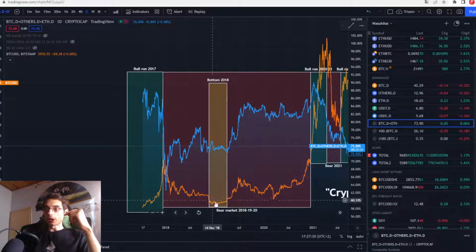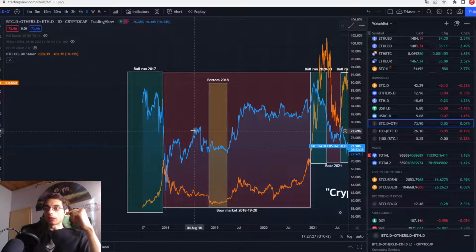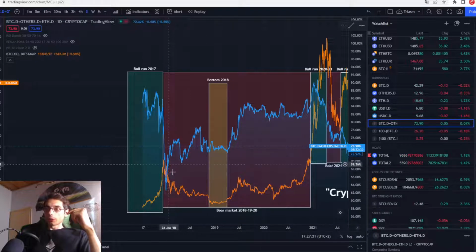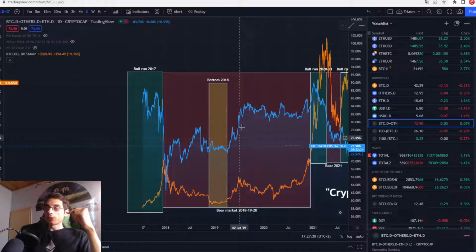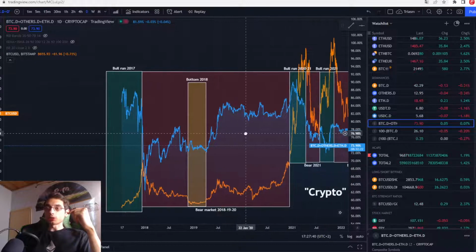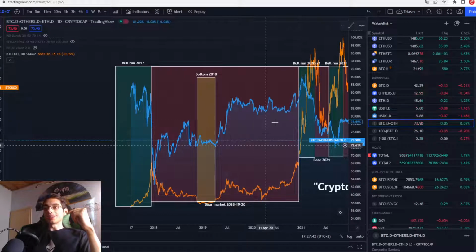As you see right here, behind is in orange Bitcoin's price. So if you compare this to this, obviously our crypto dominance, when we were in a bear market and we got the bottom right here, slowly but slowly, with spikes, we increased the dominance of all the crypto assets in the last cycle.